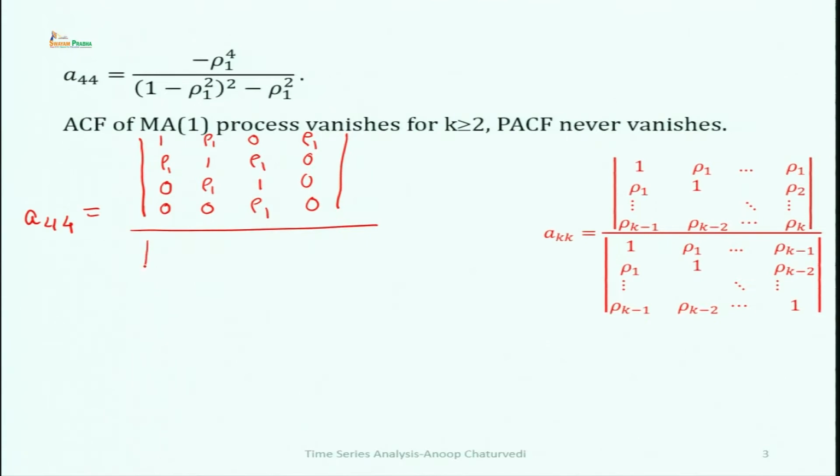This is divided by the 4 by 4 determinant 1, rho 1, 0, 0; rho 1, 1, rho 1, 0; 0, rho 1, 1, rho 1; and 0, 0, rho 1, 1.